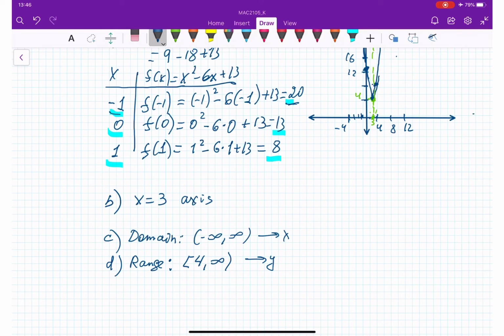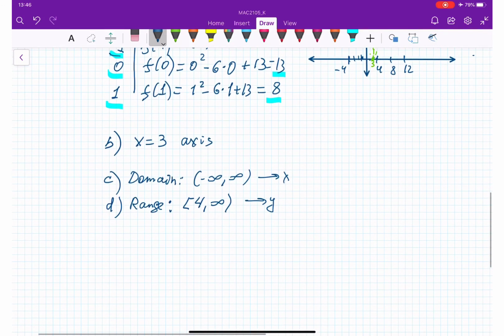Next, question number E. Question number E is the largest open interval of the domain, which means where the function is increasing.